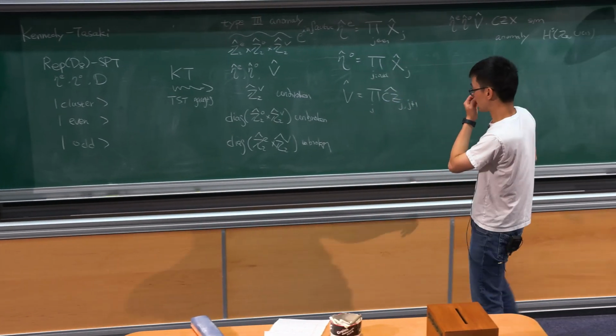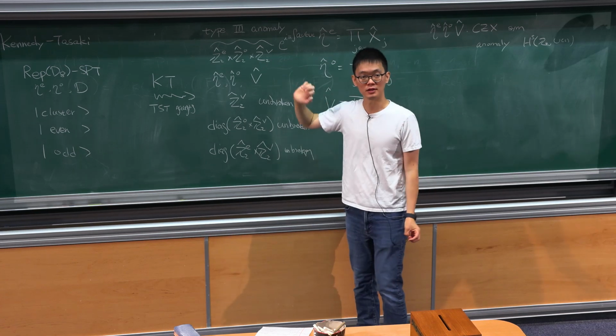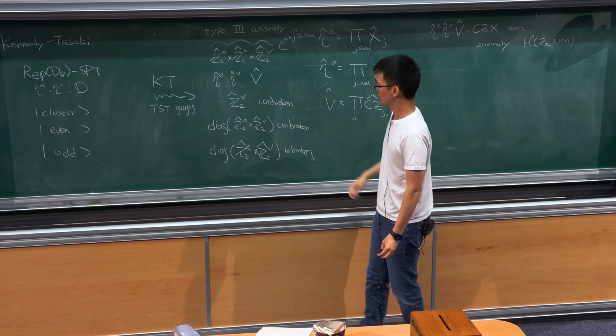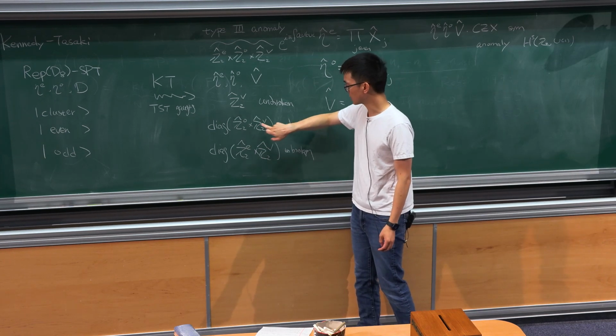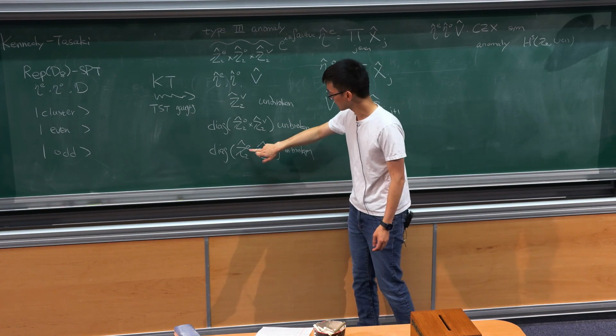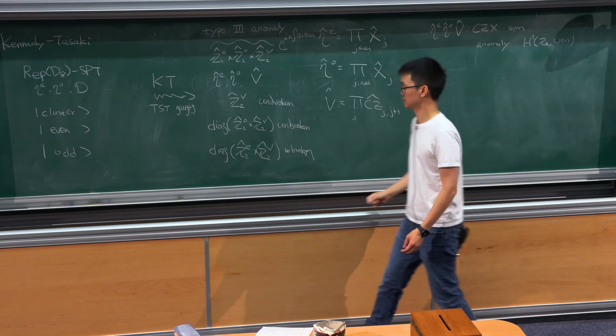Now, for those of you who are still awake, there's an obvious puzzle here, which is that I can take Z2 V to be unbroken. I can take the diagonal between odd and V to be unbroken. I can take the diagonal of even and V to be unbroken. But there's one more option.